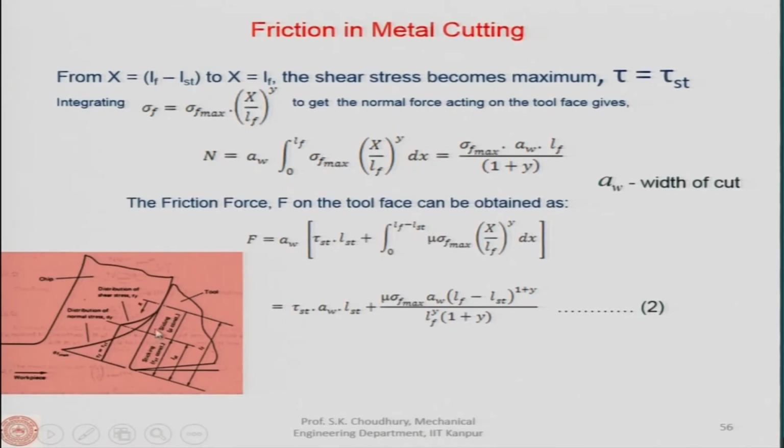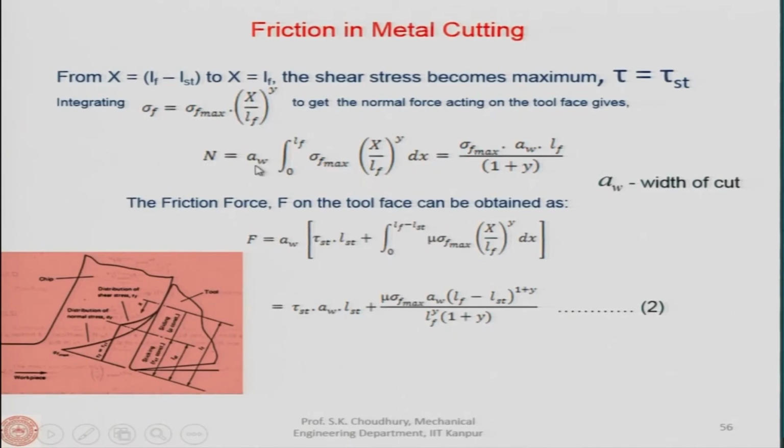Once again, in this region we have the tau maximum, which is constant, which is tau st, the same everywhere. If we integrate the sigma f that we derived, and multiply by the width of cut, we will get the normal force.